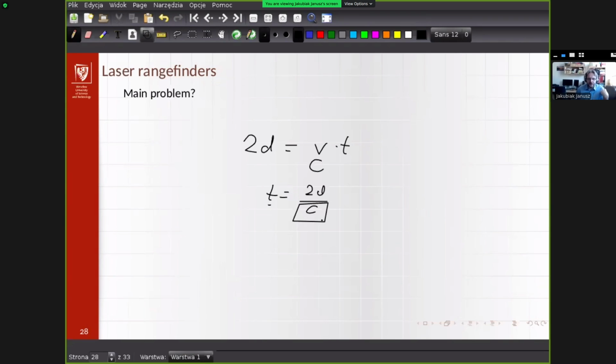So in fact, you measure not the speed of light, but the speed of this wave created by yourself, and then you can reduce that problem. What else can you do?